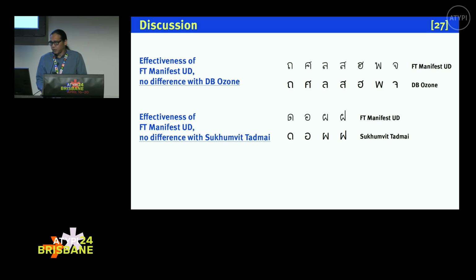However, this page shows that the effectiveness of FT Manifest UD has no difference with DB Ozone for 7 characters. And also, the effectiveness of FT Manifest UD has no difference with Sukhumvit Tadmai for 4 characters.